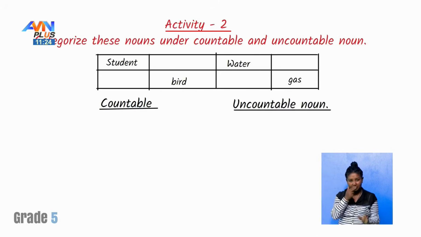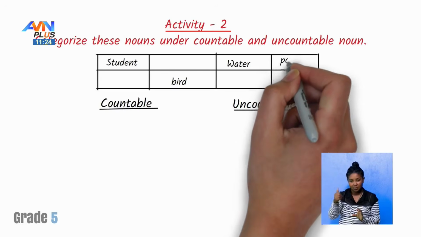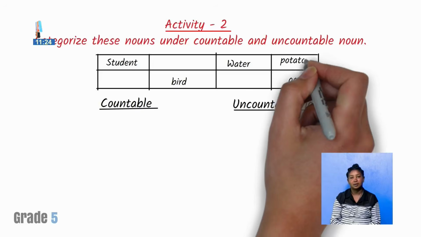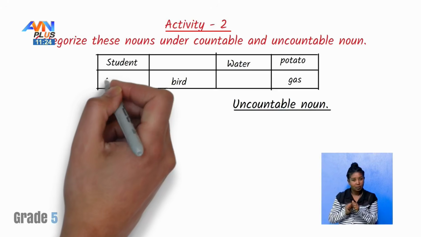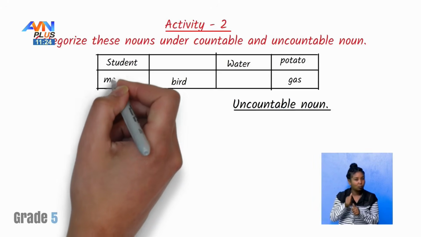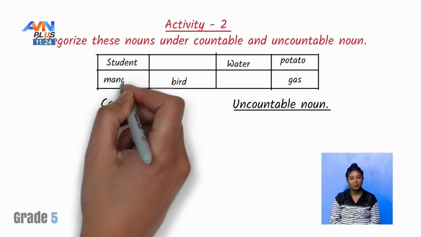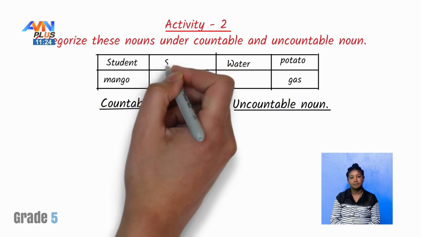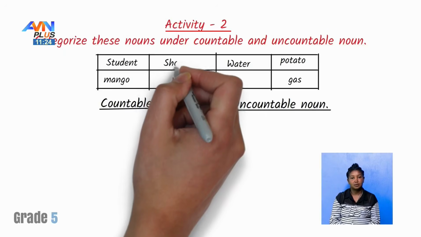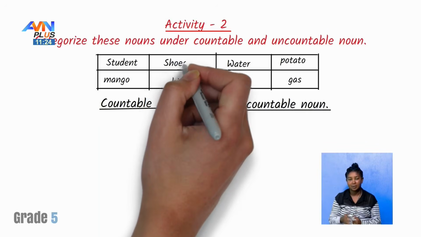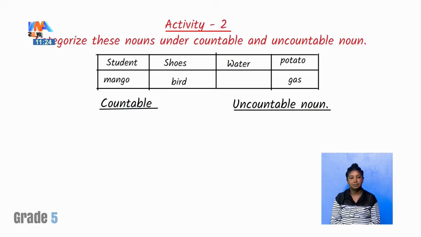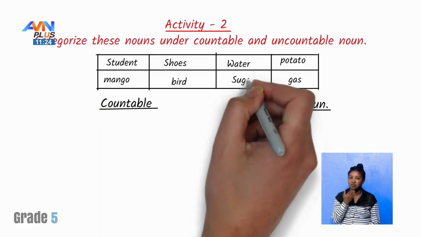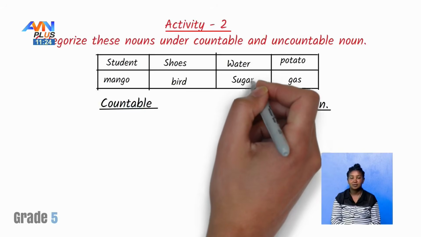Gas. And also another one. Potato. When we say potato, is it countable or uncountable? You can mention them. Mango. Shoe or shoes. Another one. And also we can say here, sugar. I think I didn't say sugar. Okay, do it please. You have only one minute.